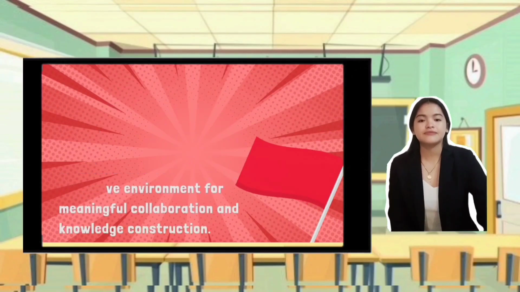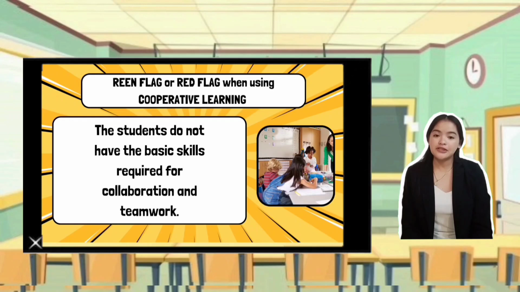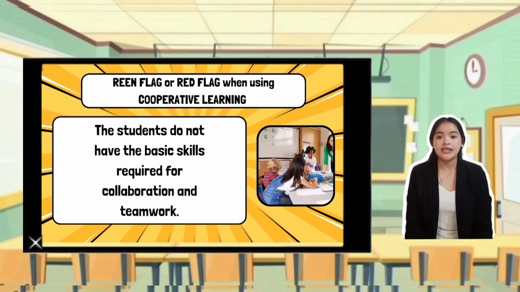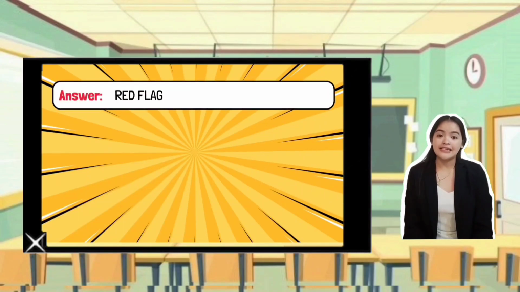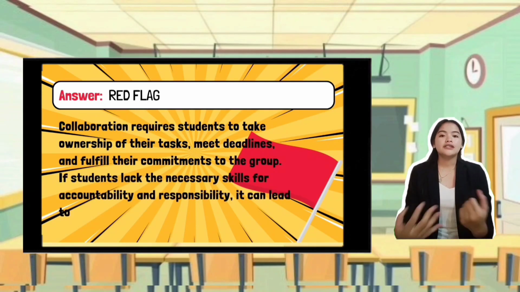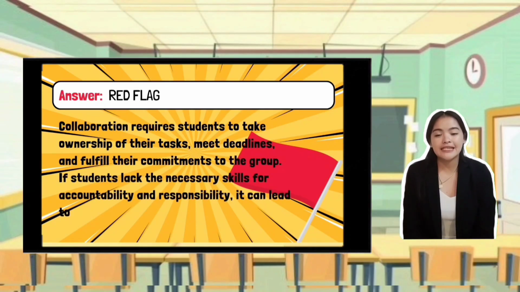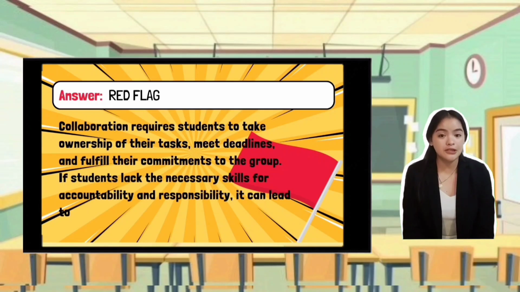Next, number 6: the students do not have the basic skills to require collaboration and teamwork. What do you think? It is a green flag because collaboration requires students to take ownership of their task, meet deadlines, and fulfill their commitments to the group.